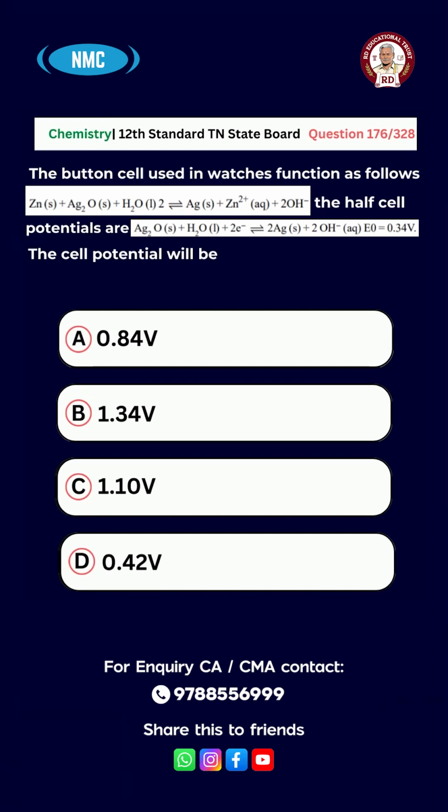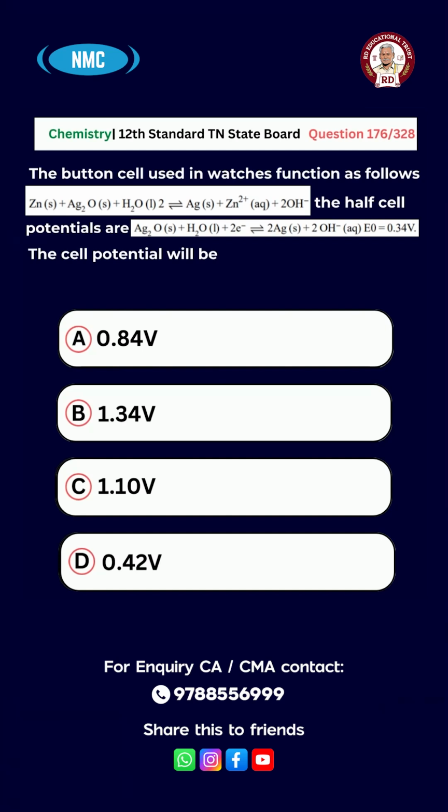Zn(s) + Ag2O(s) + H2O(l) gives 2Ag(s) + Zn2+(aq) + 2OH-(aq). The half cell potentials are: Ag2O(s) + H2O(l) + 2e- gives 2Ag(s) + 2OH-(aq), E° equal to 0.34 V.